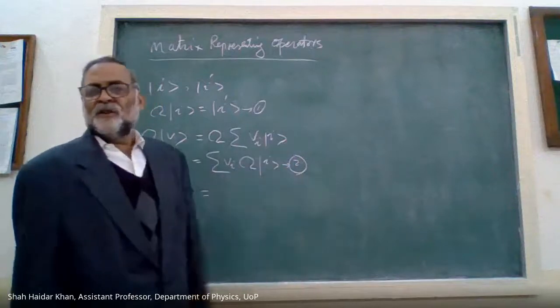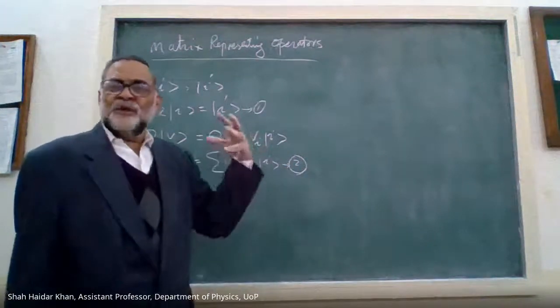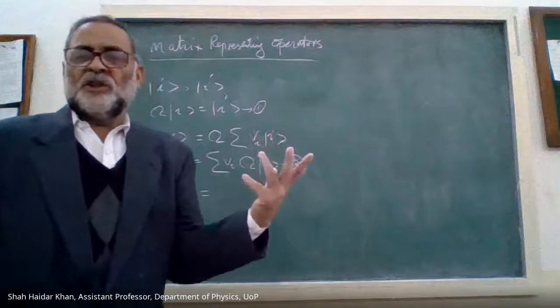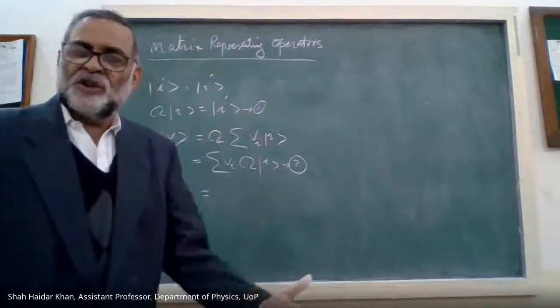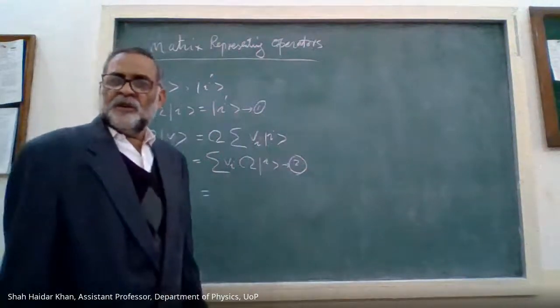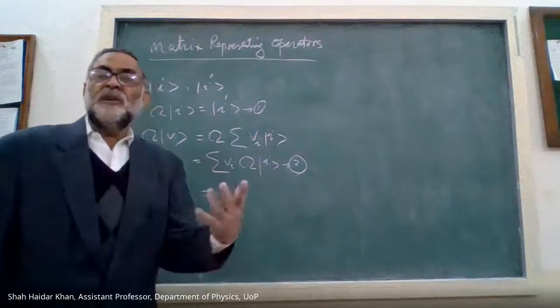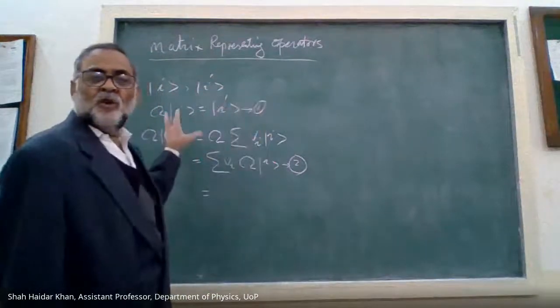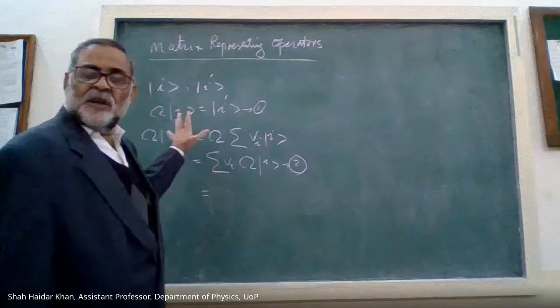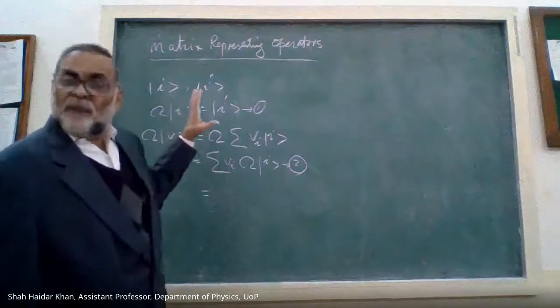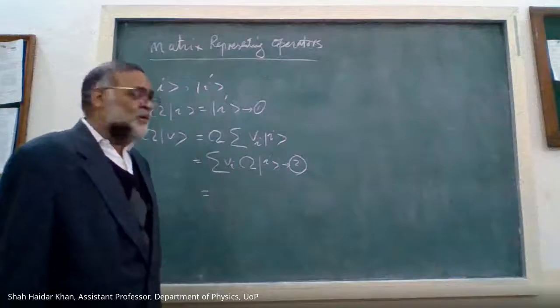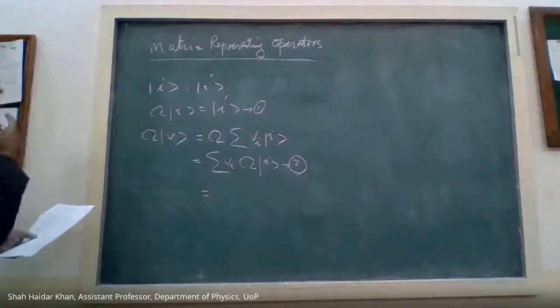How do we find different components? How do we represent an operator in matrix form, a certain operator? For example, your rotation operator, we just discussed. How can we represent that rotation operator, the example we did, in matrix form? In matrix form we will write it this way.